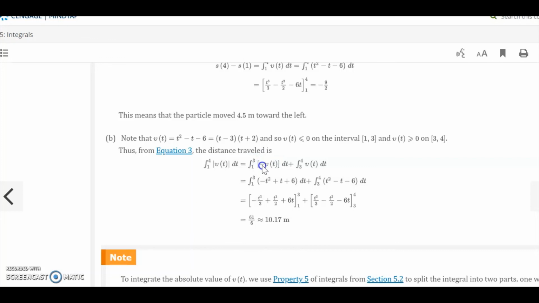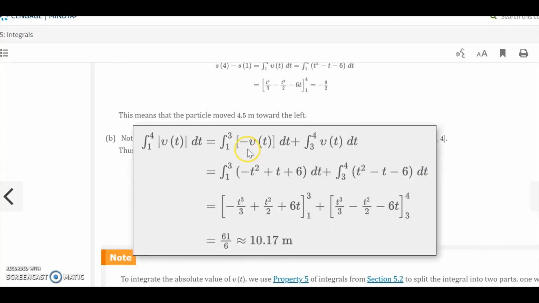So they put a negative sign when they write it to make it positive. So remember, v of t is negative from 1 to 3. So if we have a minus sign here, a minus times a minus is a positive. So now we have a positive value from 1 to 3.